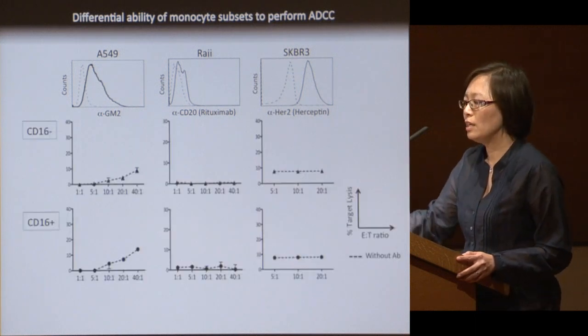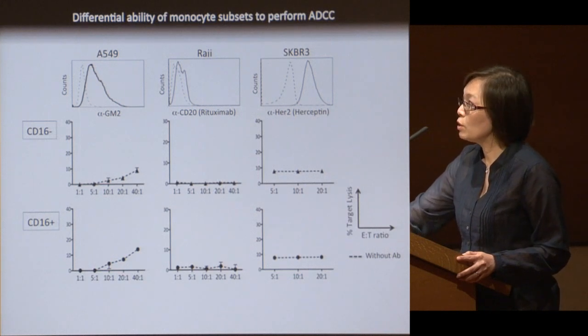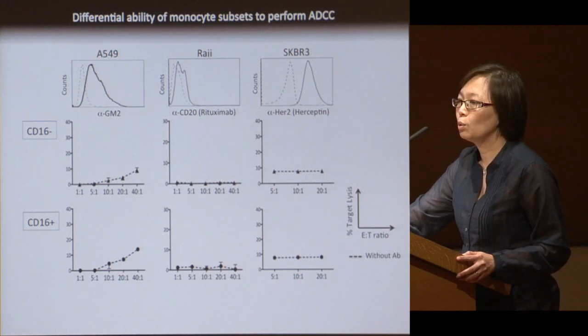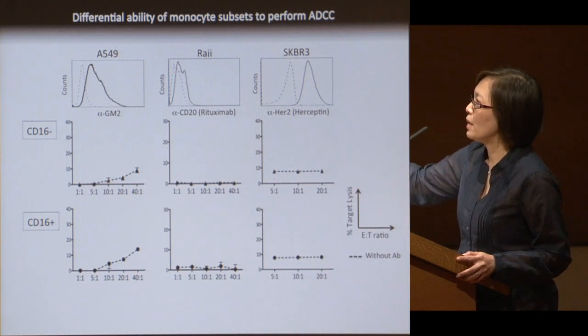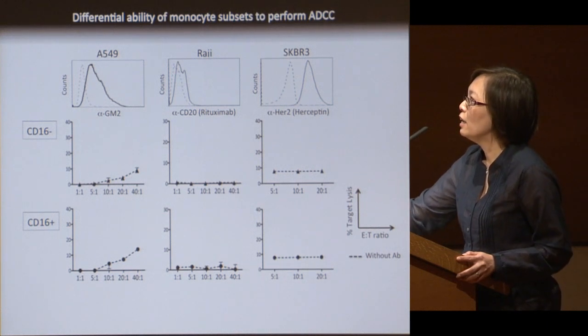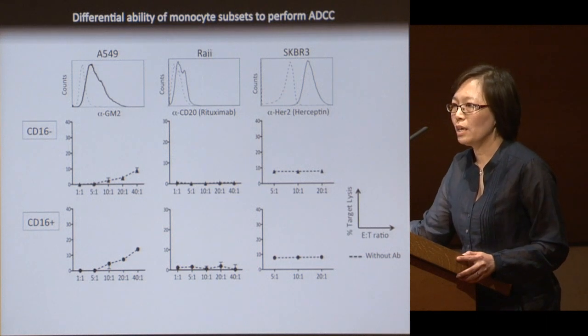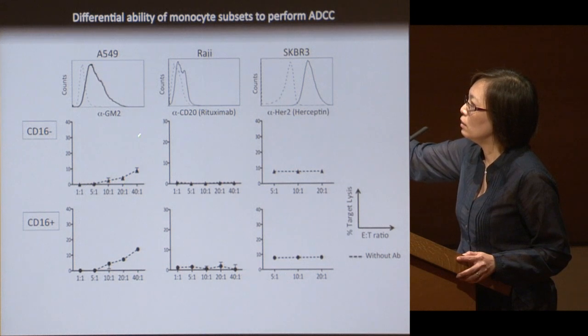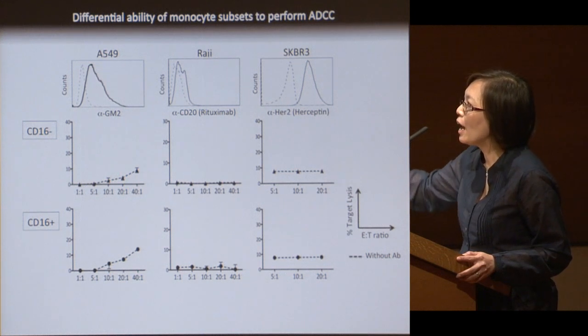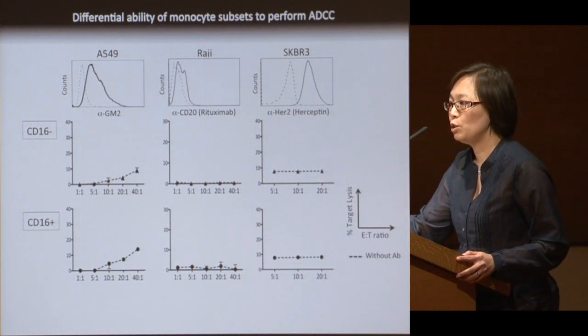So after isolating the monocyte subsets, we put them together with tumor cells that are not coated with antibody, and we can see here that for both of the subsets, there is hardly, if any, killing of the tumor cells. If there is some slight killing, it occurs at a very high effector to target ratio.